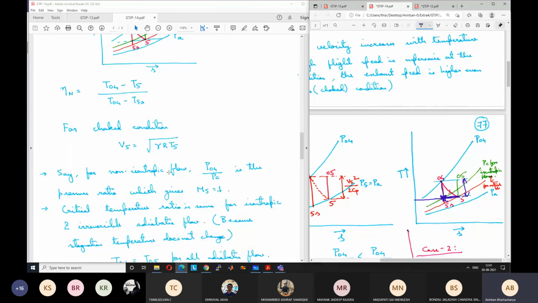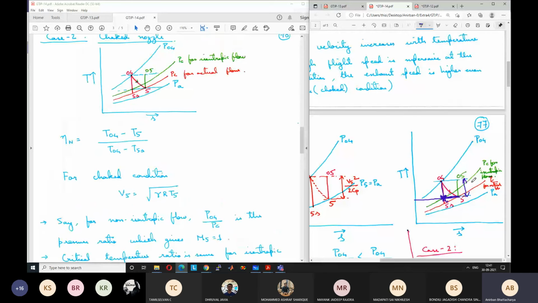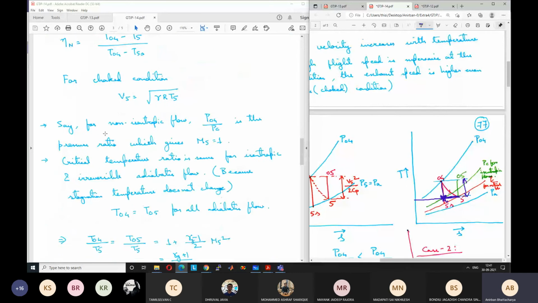I have already discussed this, so just to summarize, for non-isentropic flow, P04 by Pc is the pressure ratio which gives the Mach number at the exit equal to 1. Critical temperature ratio is same as for isentropic. Whether it is an isentropic flow or an irreversible adiabatic flow, critical temperature ratio remains same because the stagnation temperature does not change, which means that T04 equals T05 for all adiabatic flows.